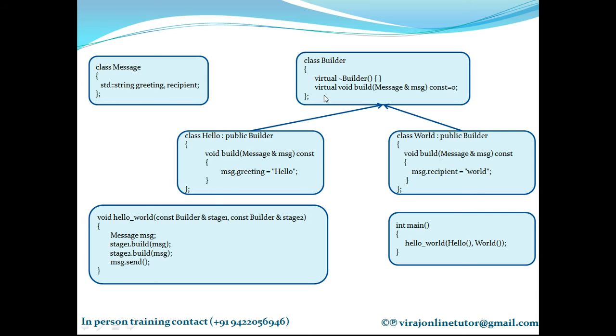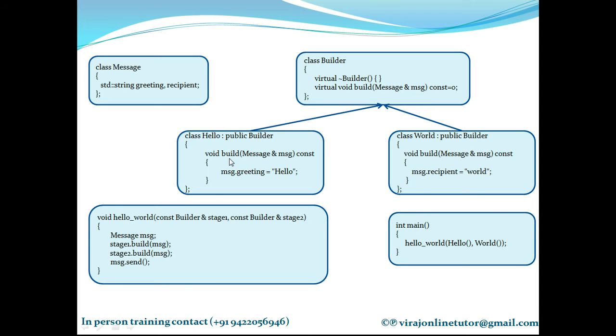So I have a builder class from which I am inheriting two different concrete builder classes. Remember in the previous slide I had a builder class and a concrete builder inheriting from builder. Concrete builders were, for example, door builder, window builder, and so on. So here class hello is a concrete builder, class world is also a concrete builder, building the actual concrete products step by step.